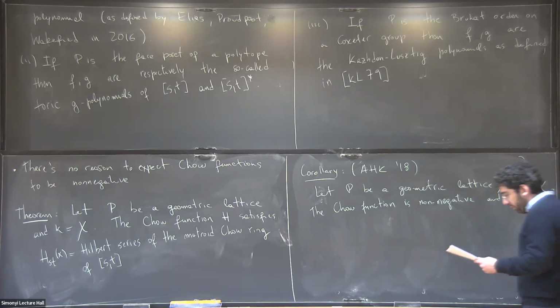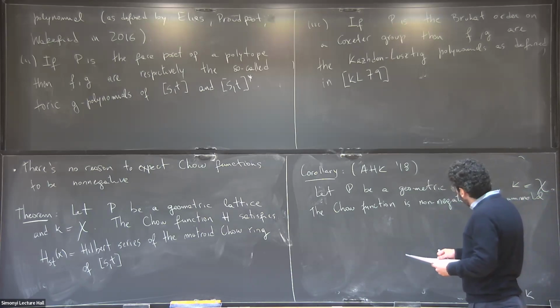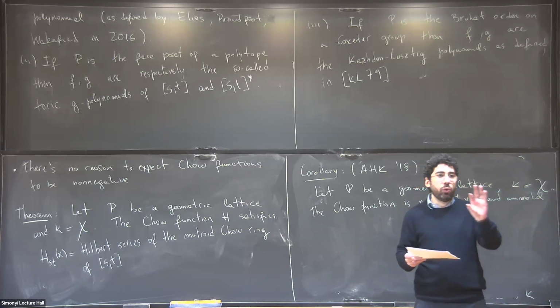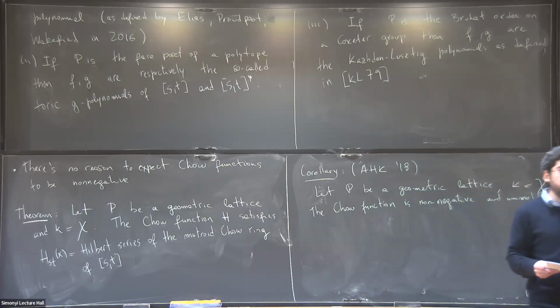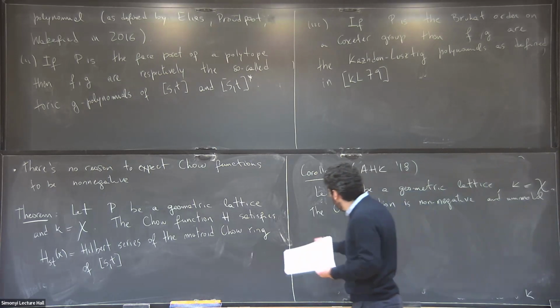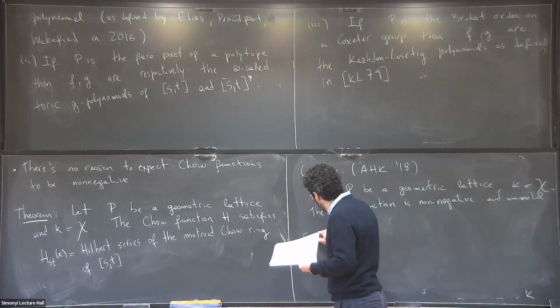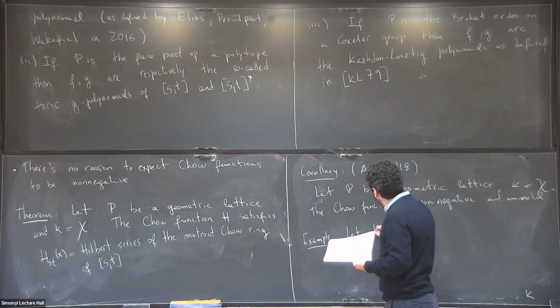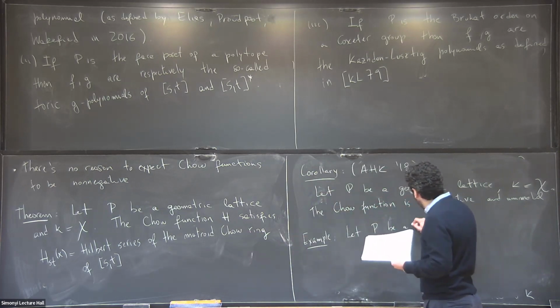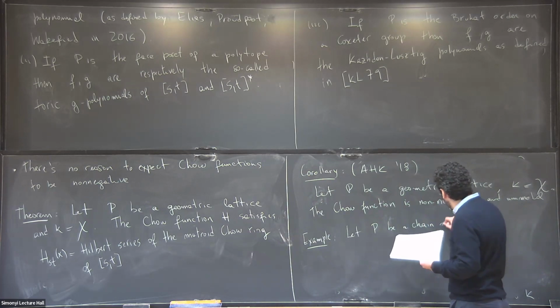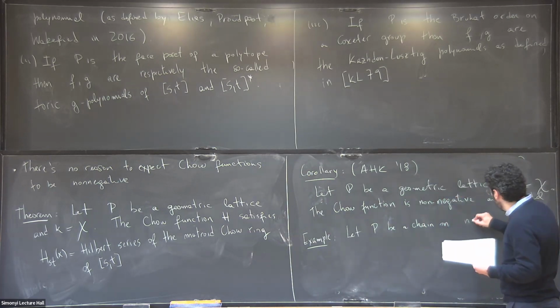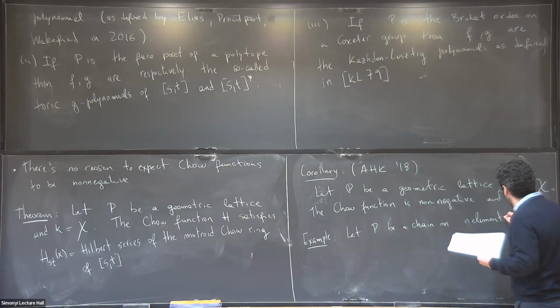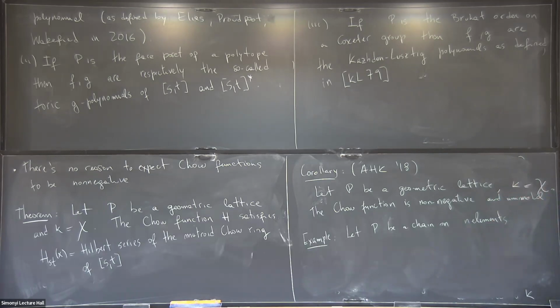But before moving to that, let me give you one explicit computation for a Chow function for something that is not a geometric lattice. Example: let P be a chain on n elements. So your poset is a chain. That's never a geometric lattice when n is greater than 2.